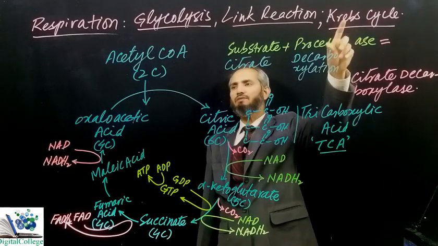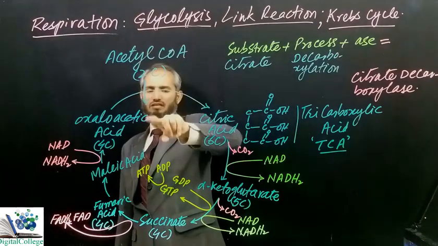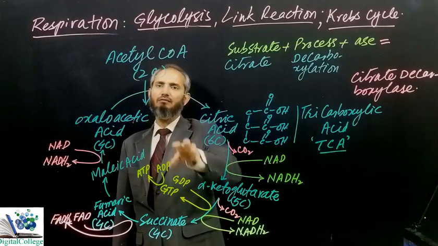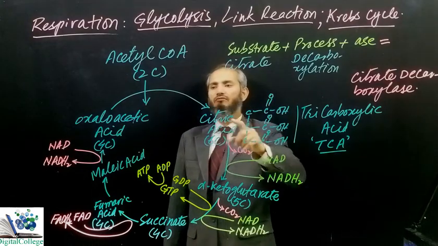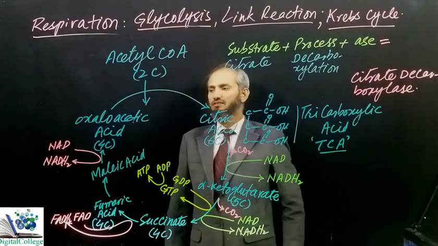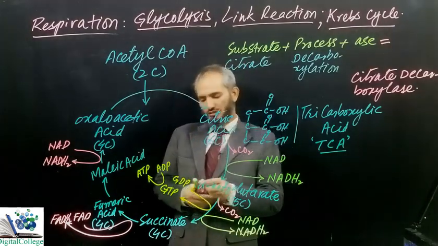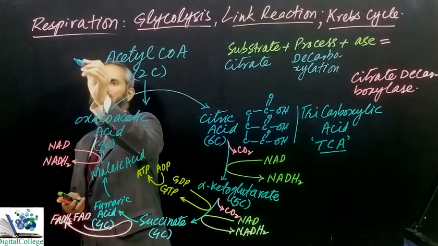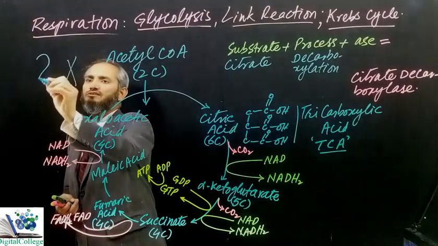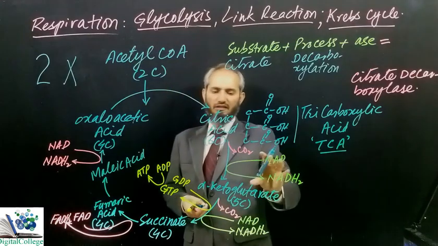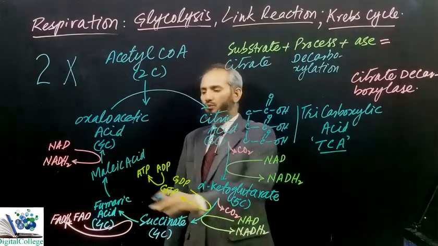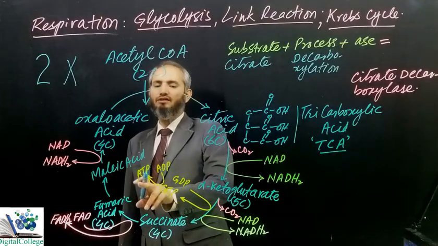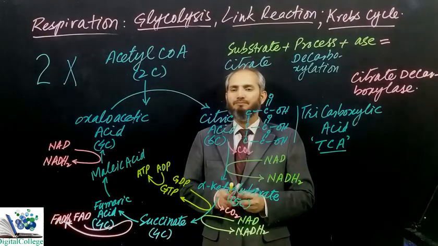And now in Krebs cycle, 2 acetyl coenzyme A will pass through this cycle, meaning the products of 1 mole of glucose will run Krebs cycle twice. So I should write that the whole of this process is multiplied by 2. It means there are 1, 2, 3, 6 NADH2 produced, 2 FADH2 produced, and 2 ATP produced.